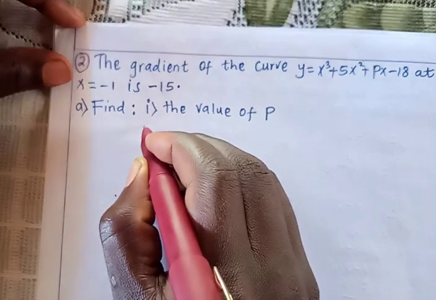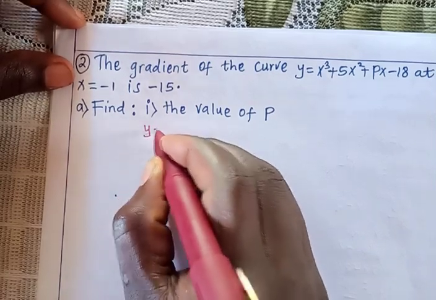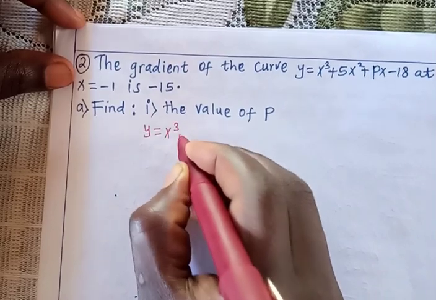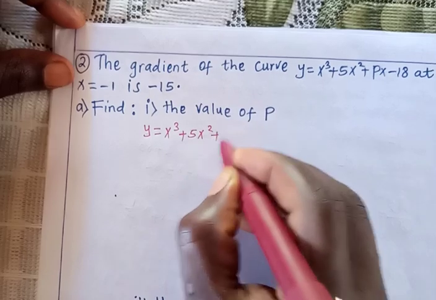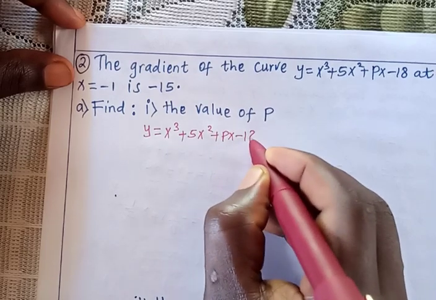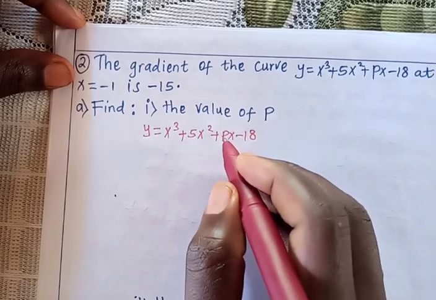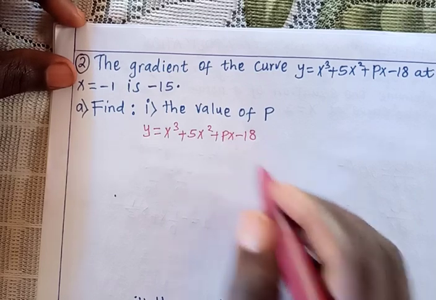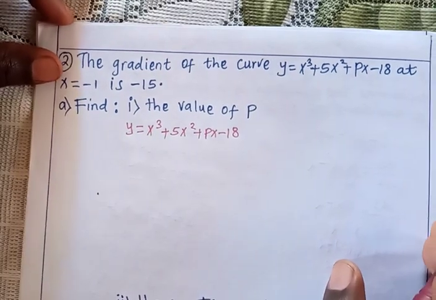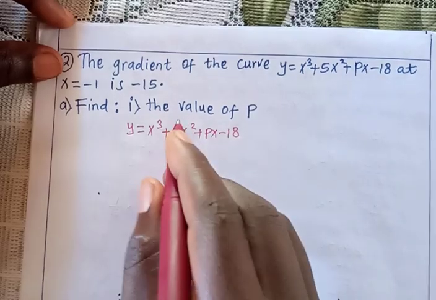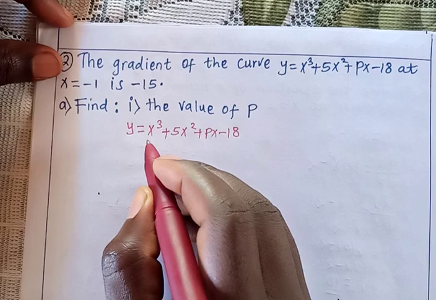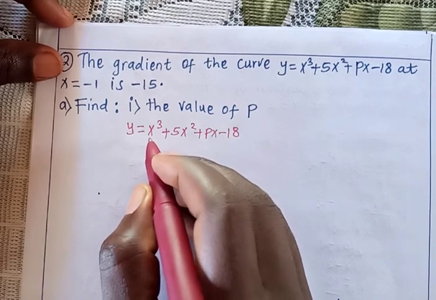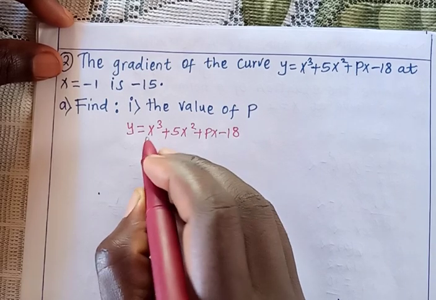Now, let us write down the information that is very important to us. We have that y is equals to x raised to power 3 plus 5x squared plus px minus 18. This is the equation. Now, we have been told that the gradient of this curve is going to be negative 15 at a point which is negative 1.